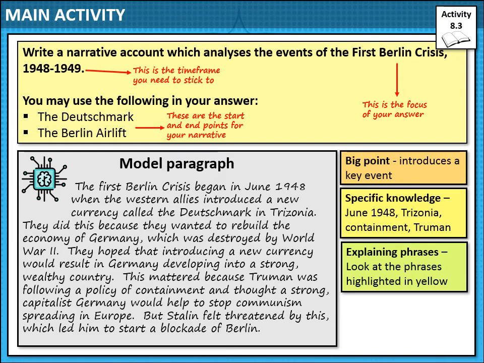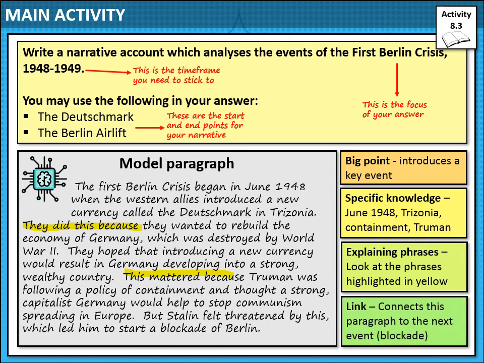Thirdly, our student has used explaining phrases to say why things happened and why they were important. Look, we've got one here. They did this because. We've got another one here. This mattered because. So it's really important that you use those sorts of explaining phrases to explain why things happen.